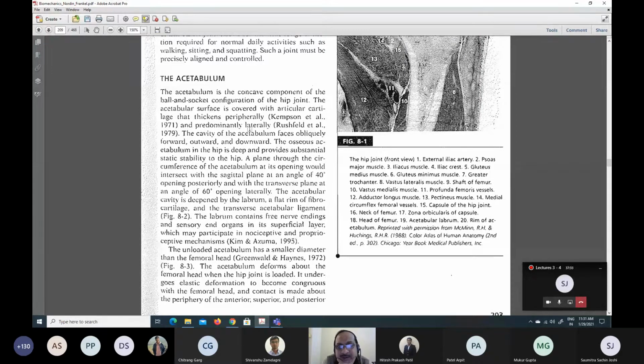So the acetabulum basically forms a ball and socket joint in the form of a hip joint. It is essentially a cavity within the pelvic bone, which allows a large range of motion in the form of rotations.